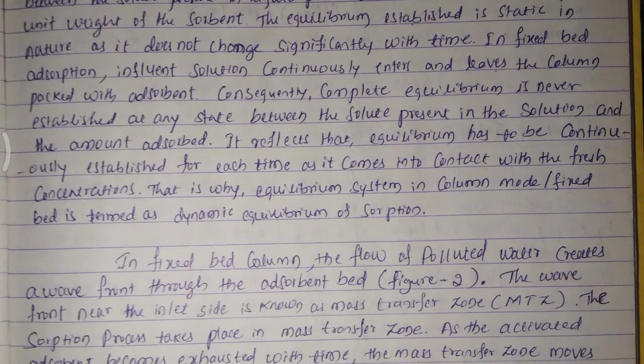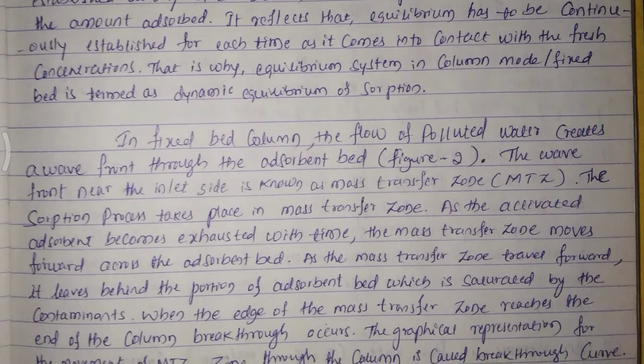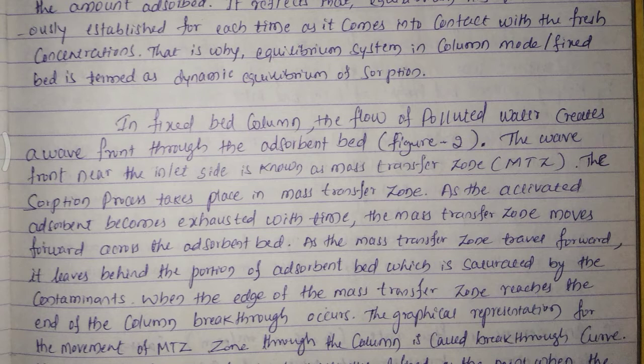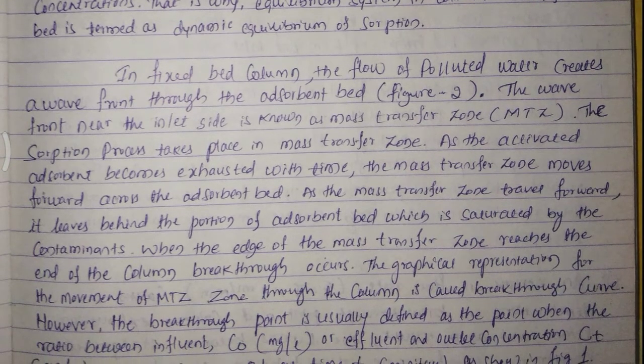In a fixed bed column, the flow of polluted water creates a wave front through the adsorbent bed, shown in figure 2. The wave front near the inlet side is known as the mass transfer zone. The sorption process takes place in the mass transfer zone as the activated adsorbent becomes exhausted with time. The mass transfer zone moves forward across the adsorbent bed.